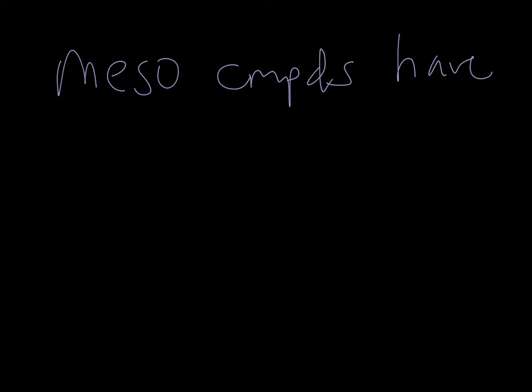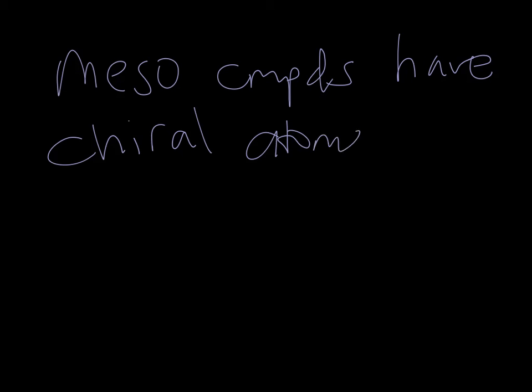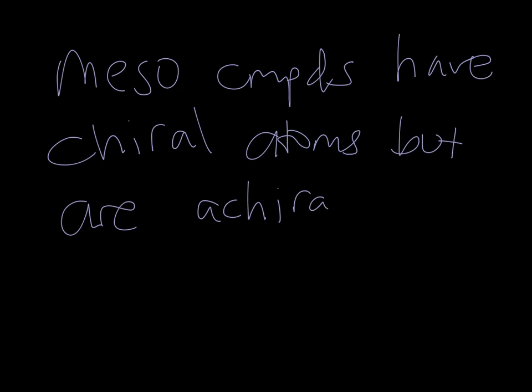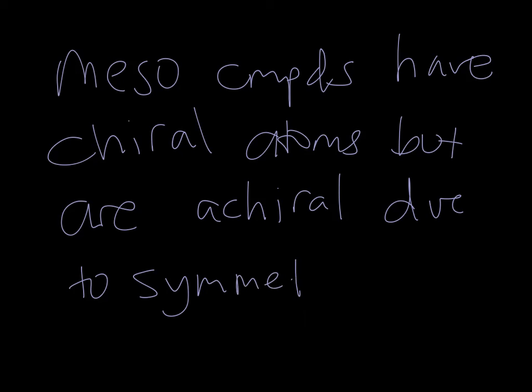So to recap, meso compounds have chiral atoms but are achiral, meaning not chiral, due to symmetry.